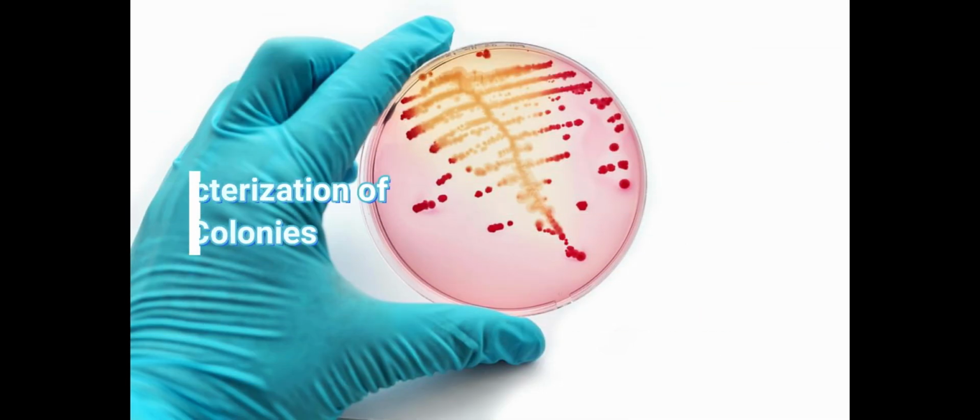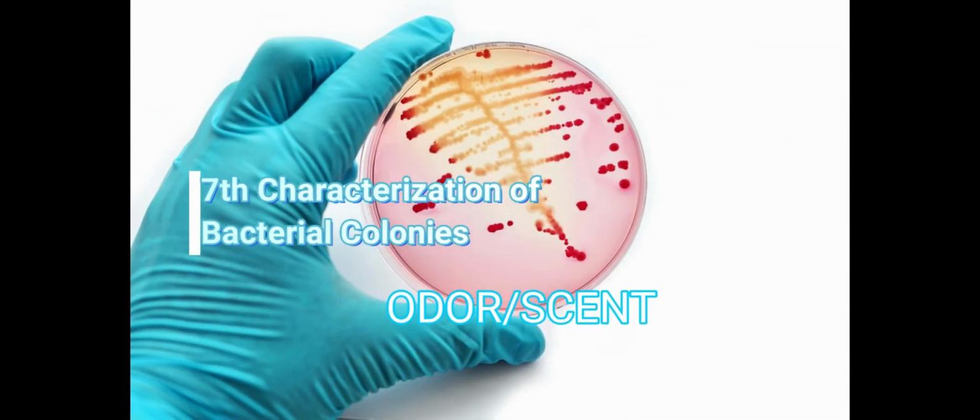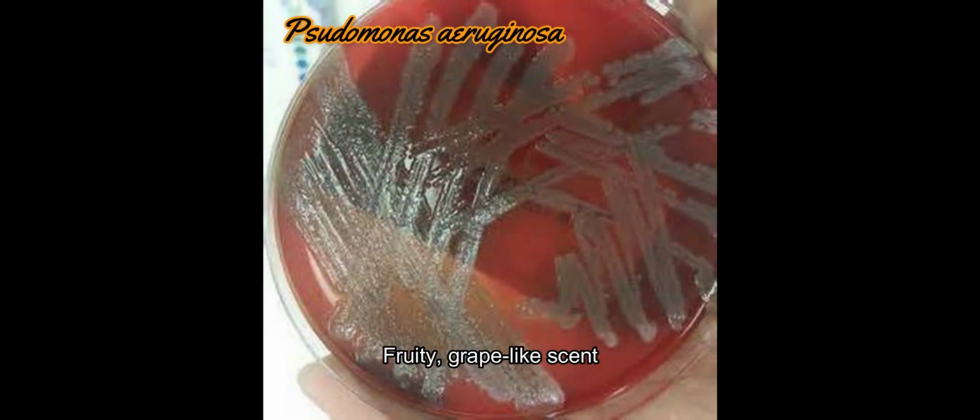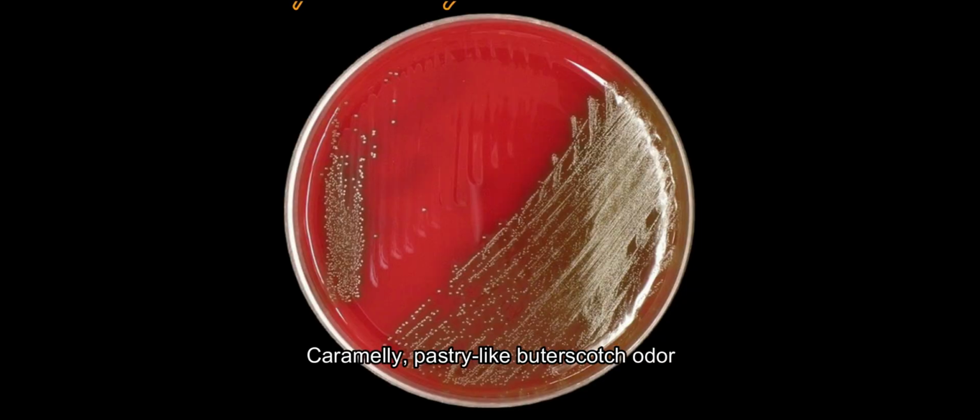The seventh characterization of bacterial colonies is odor or scent. The first one is Pseudomonas aeruginosa, which produces a fruity, grape-like scent. Number 2, Streptococcus anginosus, produces a caramelly, pastry-like butterscotch odor.